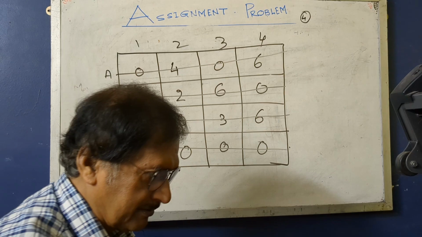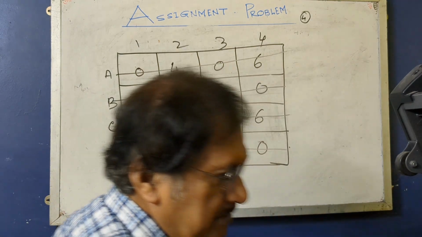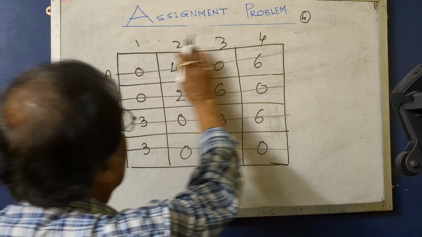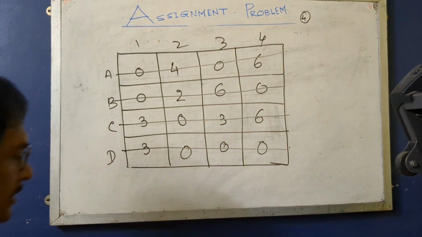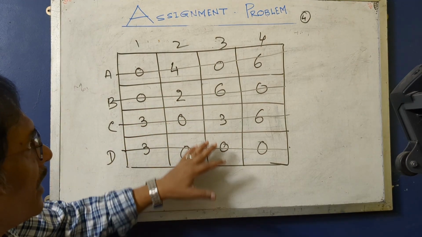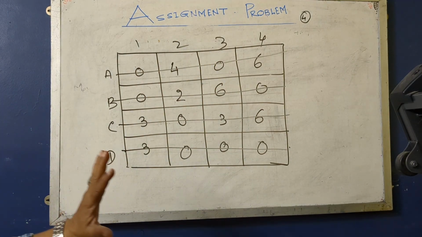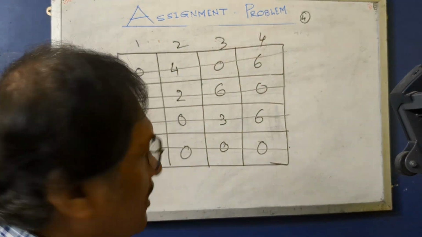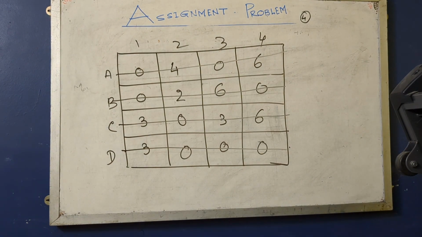Now what is the next step or next stage? That is called the allocation stage. You have to allocate the persons to the jobs. When you reach the step where the number of lines and the order of the matrix are the same, you stop there, and after that you will start allocation. I think it is clear.